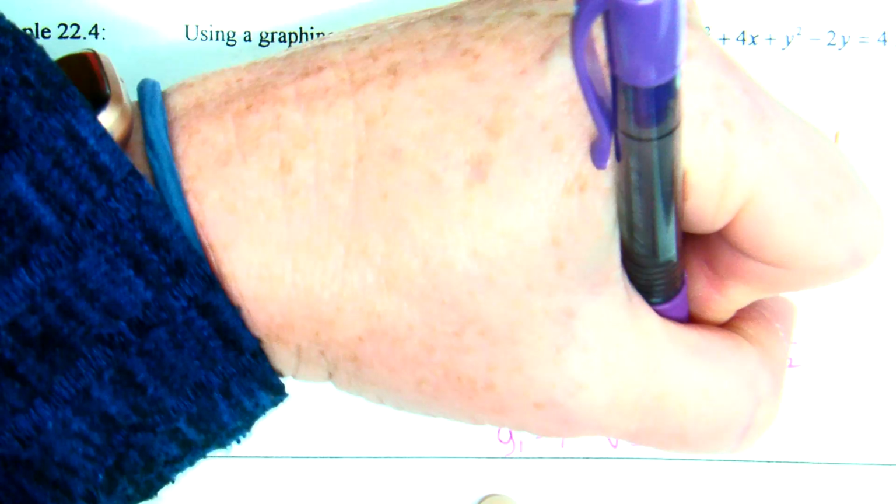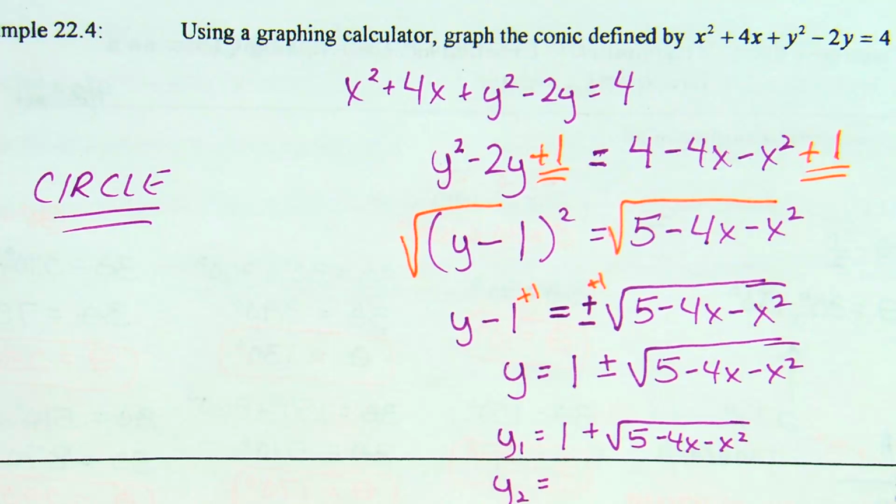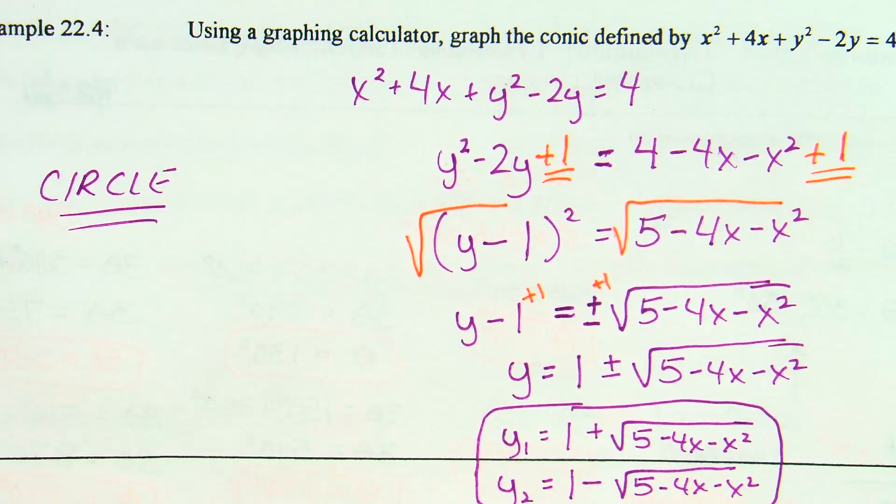So I'm going to have to do 1 plus the radical and 1 minus the radical. Okay, interesting.